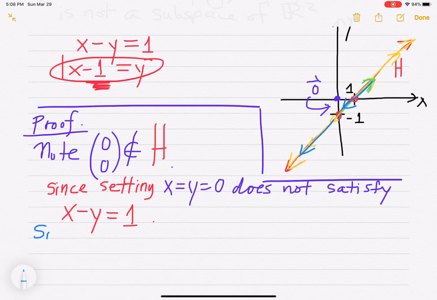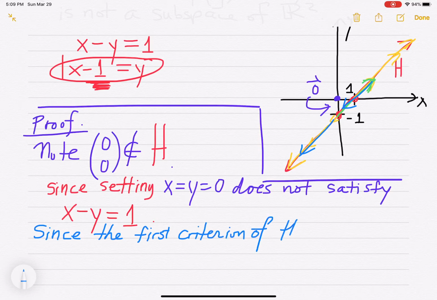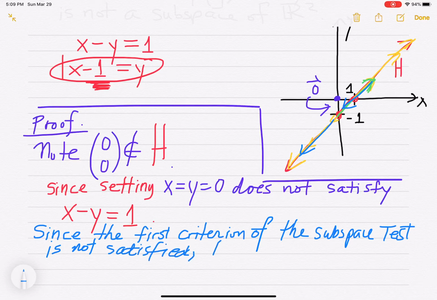So since the first criterion of the subspace test is not satisfied, then H is not a subspace of R2.